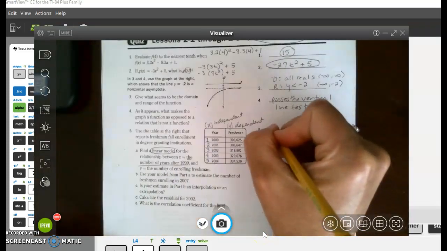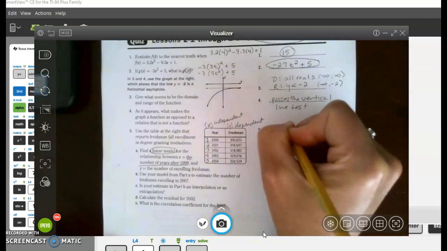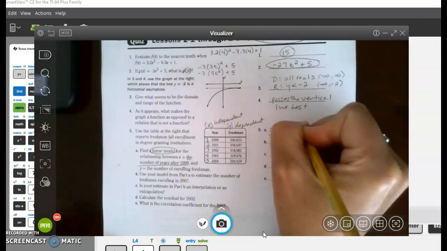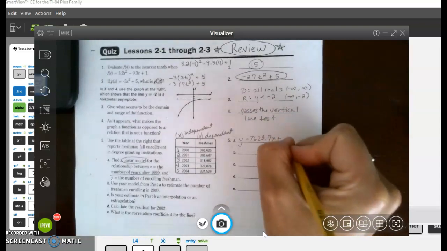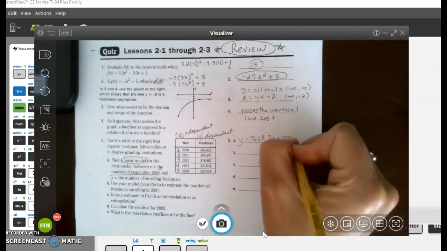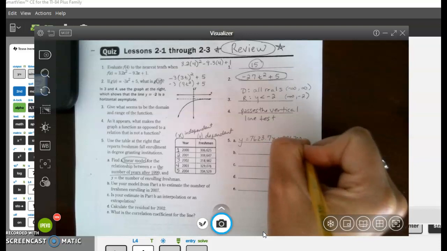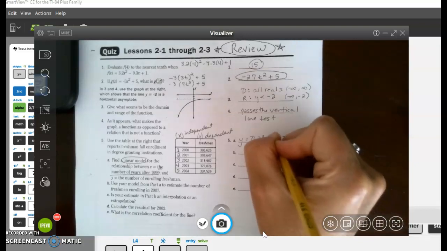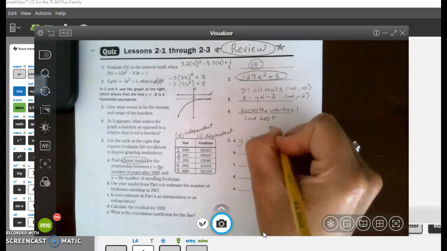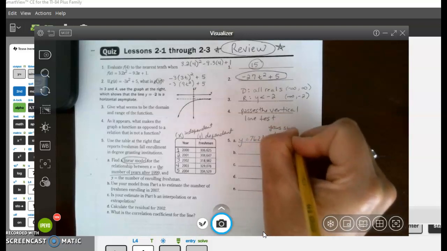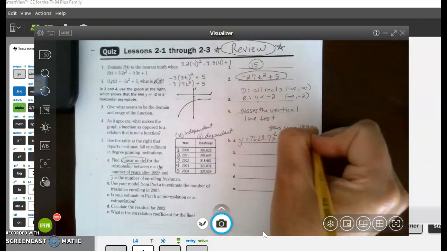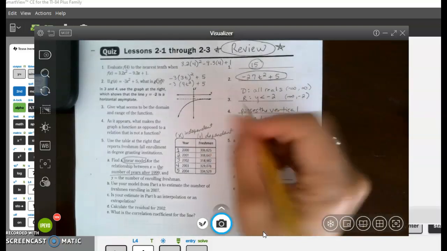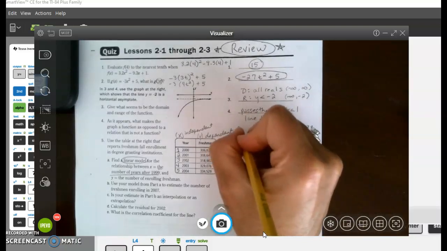And so I get y equals 7,623.7x plus 296,700.7. x is years since 1999, and y is freshmen.